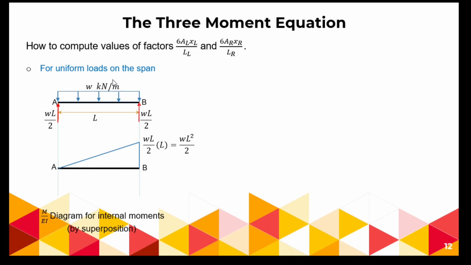How about ang uniformly distributed na W? So, we have W, L times L over 2 is given by WL squared over 2. Amo nang aton nga M over EI diagram for internal moment.